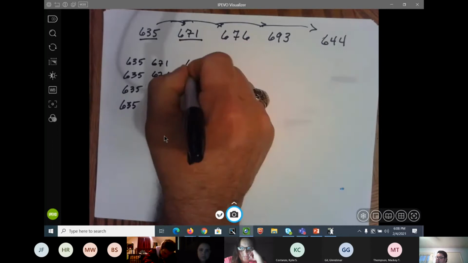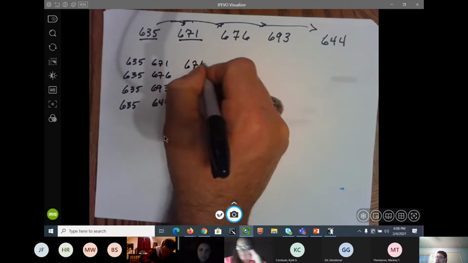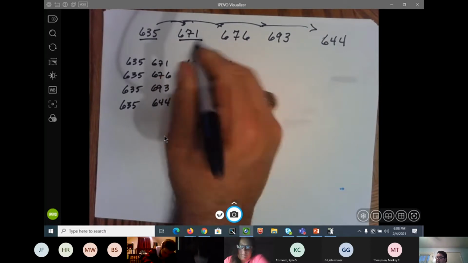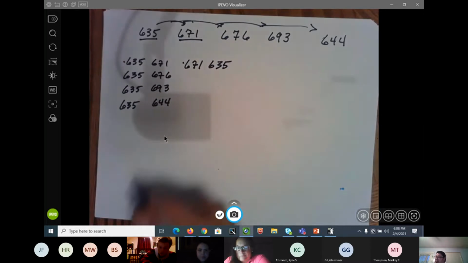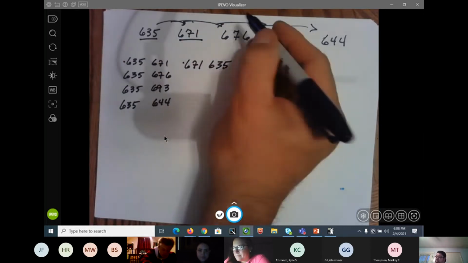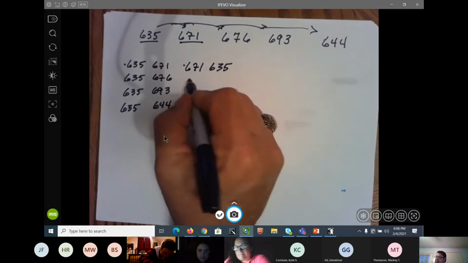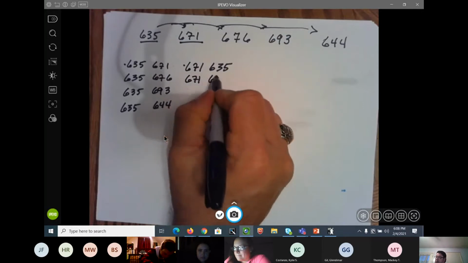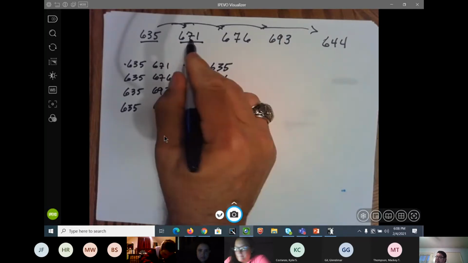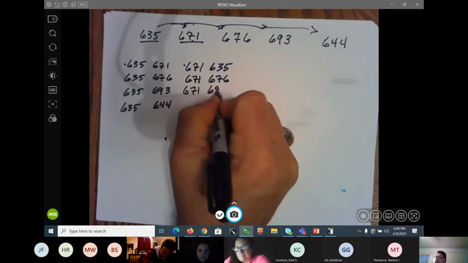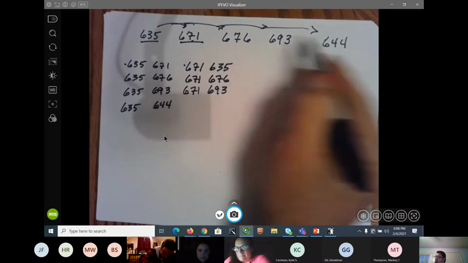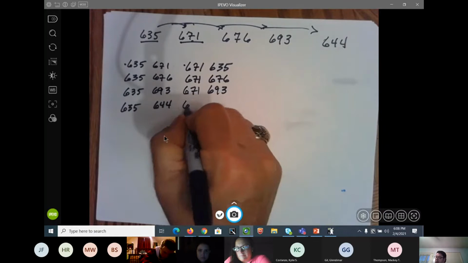So 671 to 635, and I'm going to put a dot beside that one because it goes with that one. 671 to 676. 671 to 693. 671 to 644.